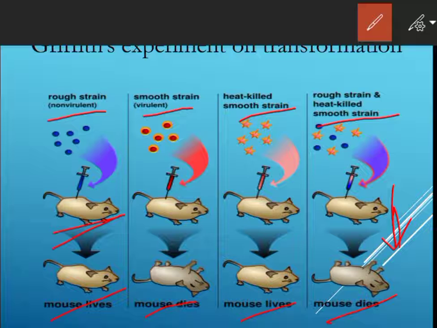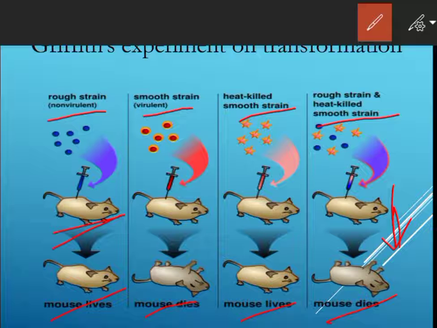During this experiment, purified biochemicals, that is proteins, DNA, and RNA from the heat-killed S cells were taken to observe which biomolecules could transform live R cells into S cells. They discovered that DNA alone from heat-killed S-type bacteria caused the transformation of non-virulent R-type bacteria into S-type virulent bacteria.